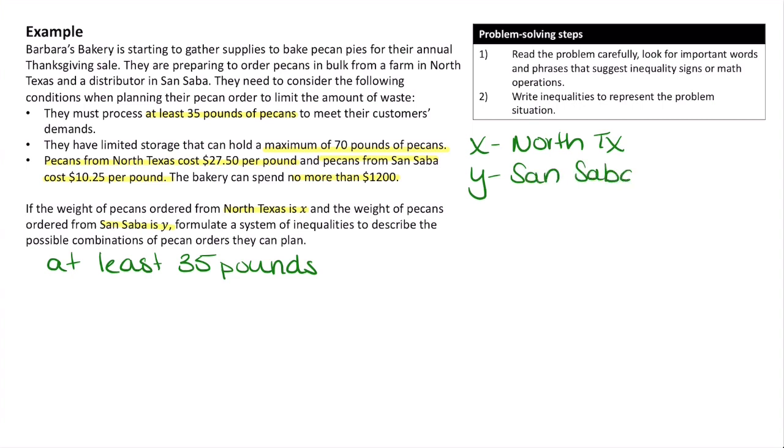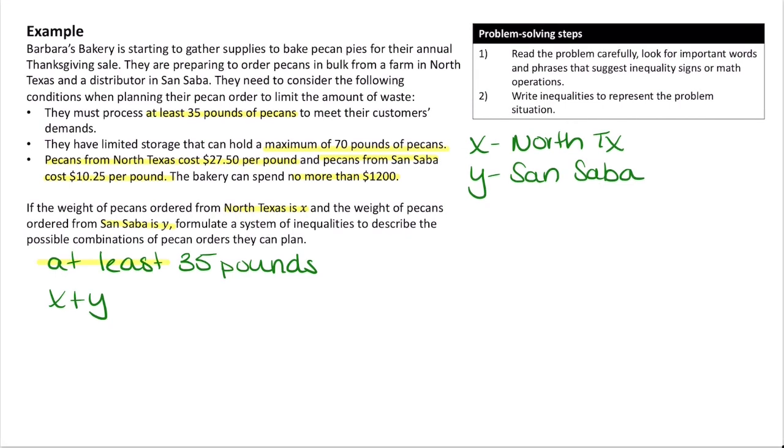So if we put it all together, X plus Y has to be at least 35. At least is one of those important phrases that tells us we need to use a greater than or equal to sign, because if you have at least 35, that means you have more than 35 or exactly 35.